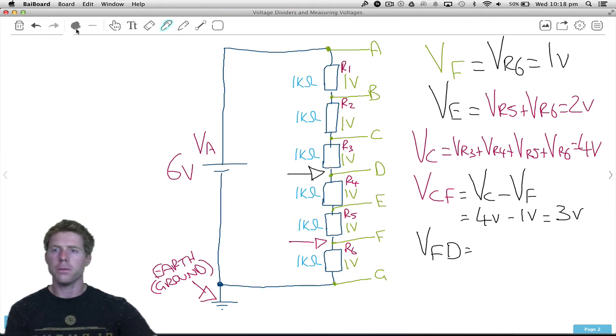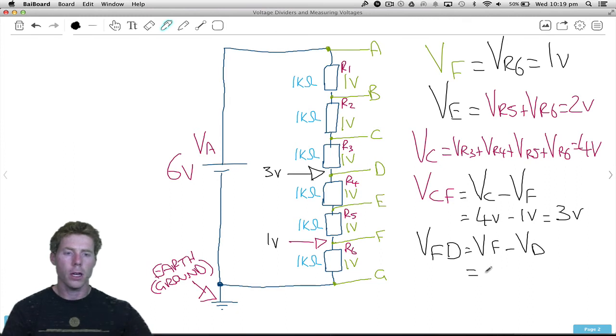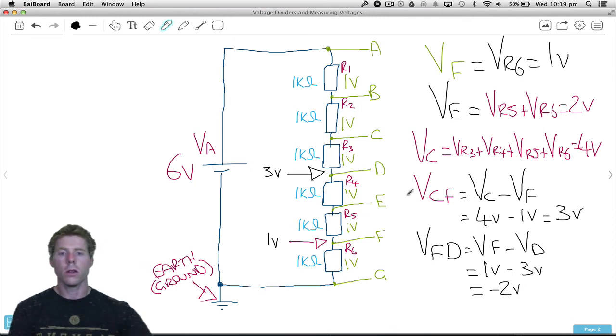Well, let's have a look. The voltage at F is sitting at 1 volt because there's only 1 resistor between ground and there. What is D sitting at? Well, it's 1, 2, 3. So I'm saying the voltage at F, take away the voltage at D, equals 1 volt take away 3 volts. My answer, negative 2 volts. So F is sitting 2 volts below what D is sitting at.